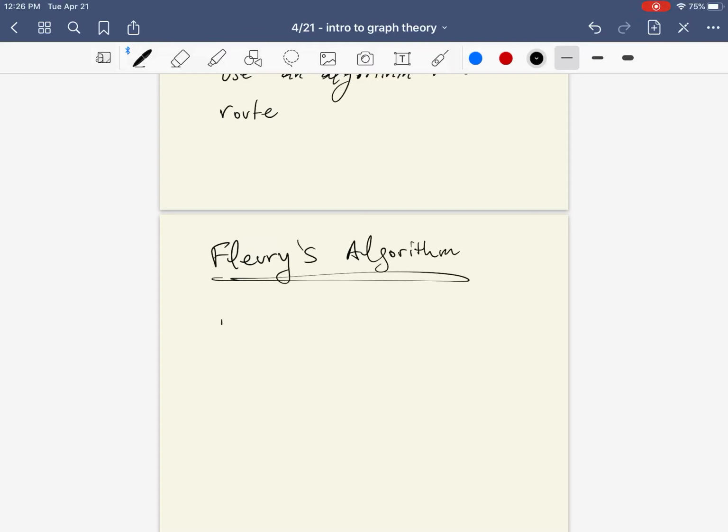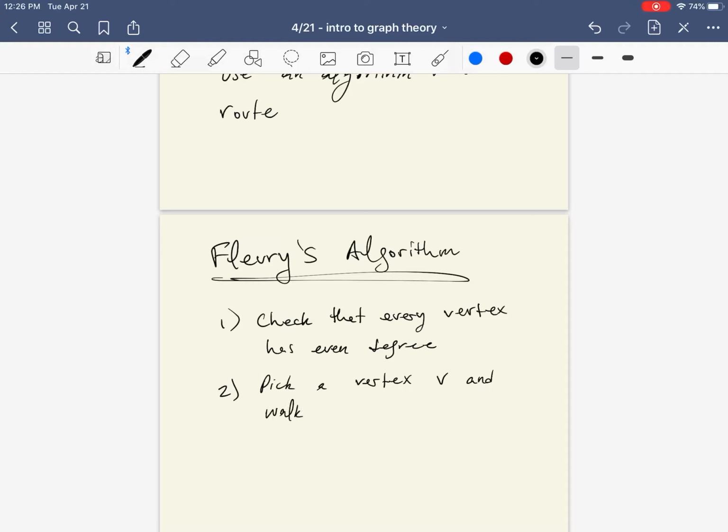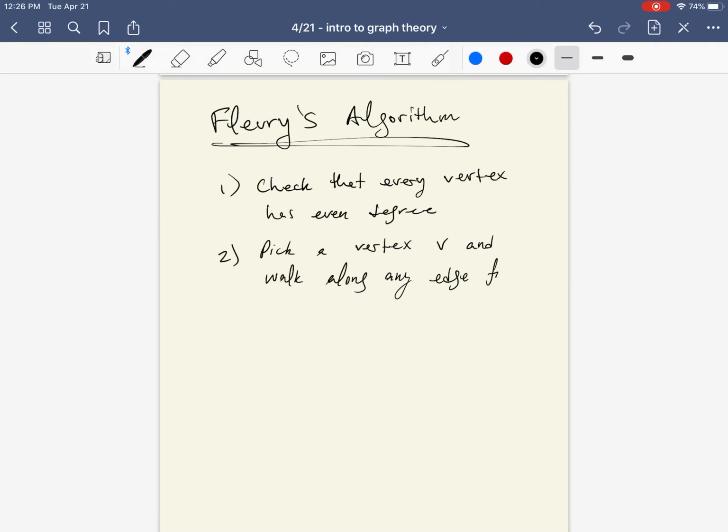And it basically says this. First step, check that every vertex has even degree. And second step is going to be to pick a vertex, V, and walk along any edge from V. Okay?